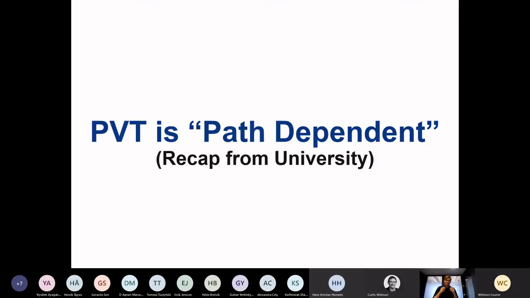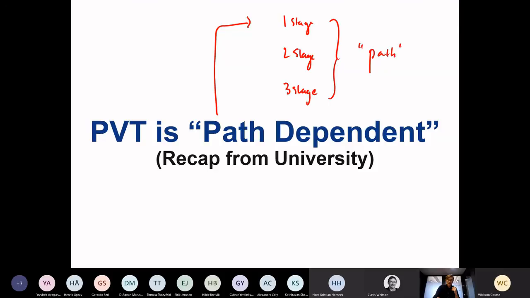So you'll calculate different PVT properties whether you go through a one-stage process, a two-stage process, or a three-stage process, for instance, a separator process, where all these are what I at least call different paths. And also for a single setup like this, there will be a different final result if your first stage separator conditions in one case are very high pressure versus very low pressure. In general, PVT is path dependent.